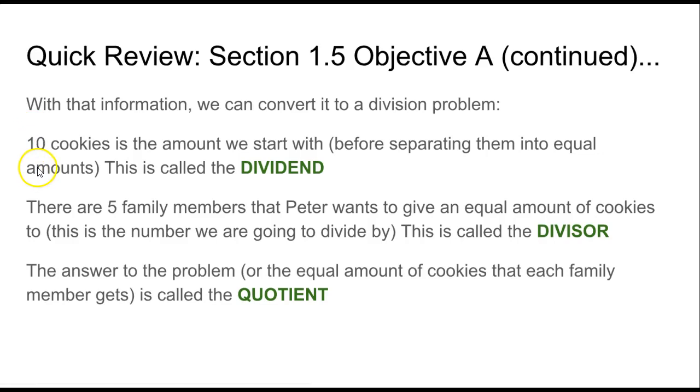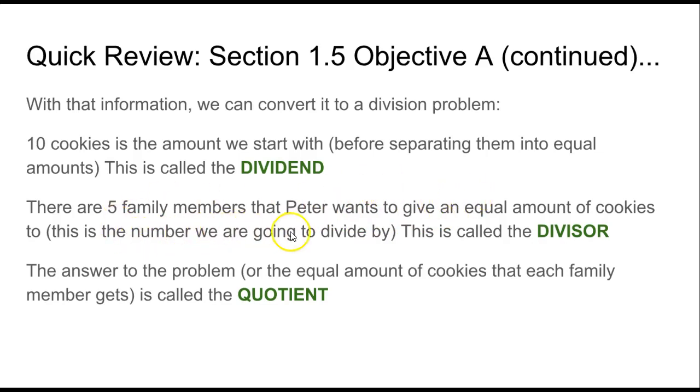So the 10 cookies is the amount we start with before separating them into the equal amounts, right? In this particular example, the 10 cookies would be called the dividend. That's the number that we start out with before we separate it into equal parts. We also know that there are 5 family members that Peter wants to give an equal amount of cookies to.